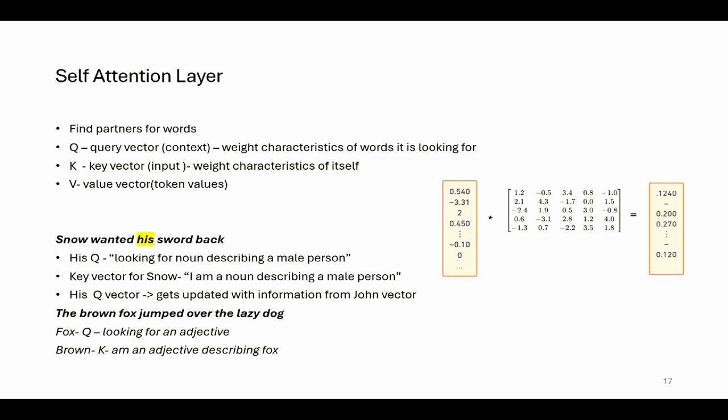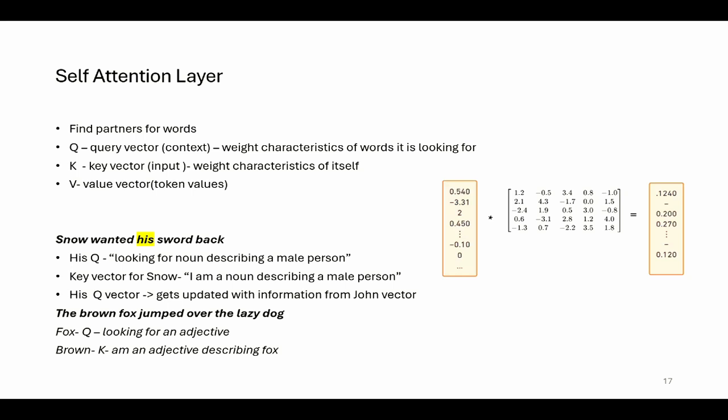So you have query, you have key. In Snow wanted his sword back, the query for his could be, I am looking for a noun describing a male person.